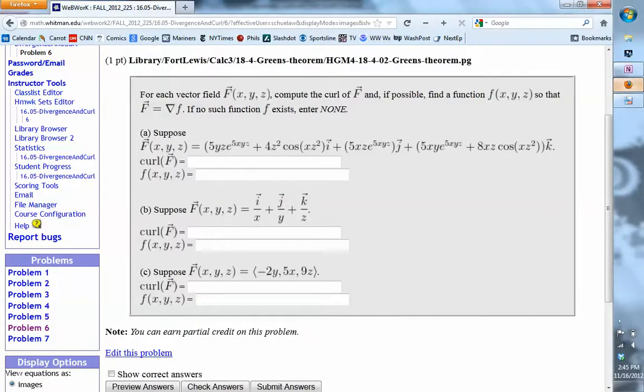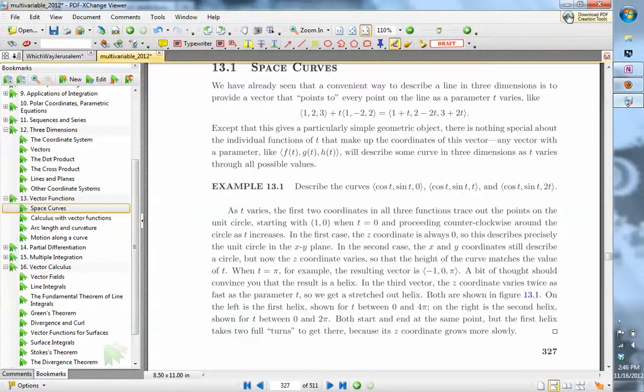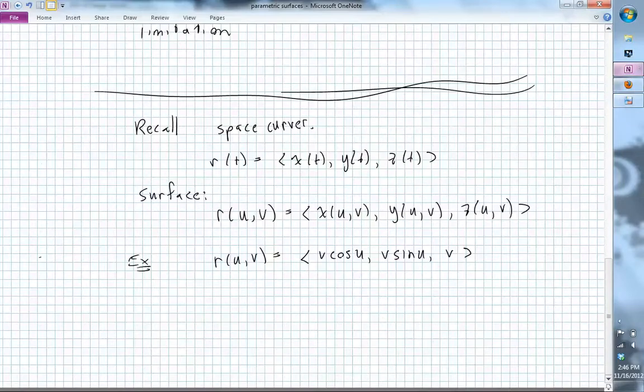But I could put something equally messy up there that would be a surface. But for simple, straightforward kinds of parameterizations, there are some thought experiments that you can go through to help you reason out what the surface should look like. And that's what I want to describe for you and get in your head so that when you're doing these exercises, you can sort of visualize some of the surfaces.